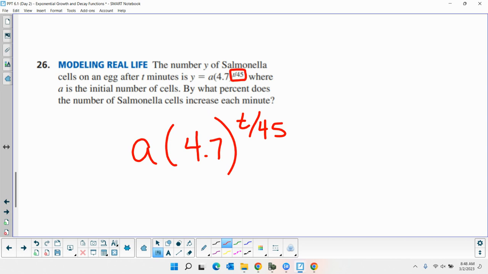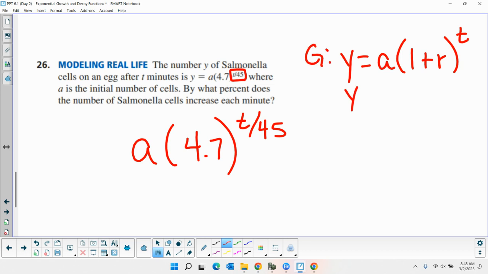When you're doing a growth problem, here's the basic equation for growth problems. And for decay problems, here's the basic equation. Okay?